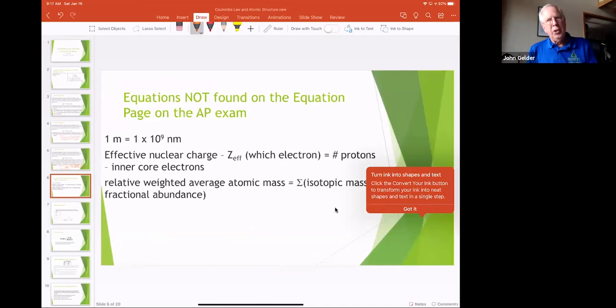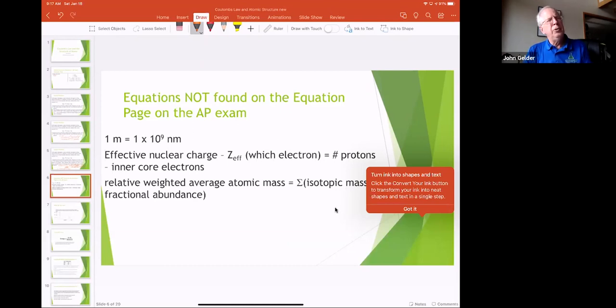So I showed you equations associated with atomic structure that are provided on the AP exam, but there are also some equations and equalities of units that are not provided on the AP exam, which, based upon our experience as readers, we like to share with students.